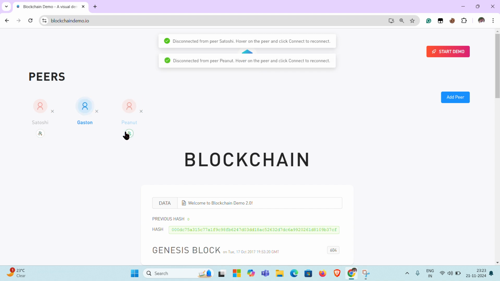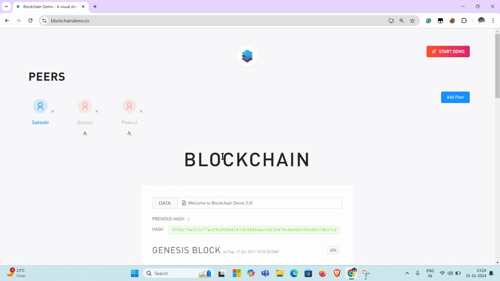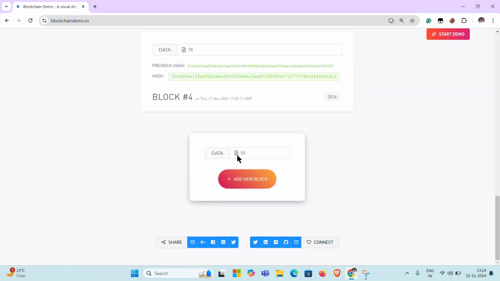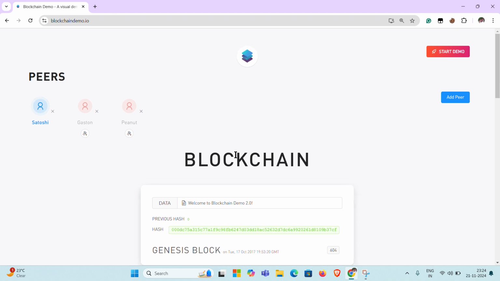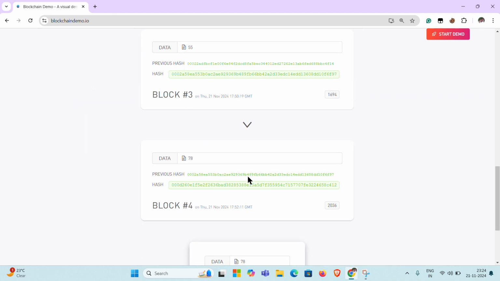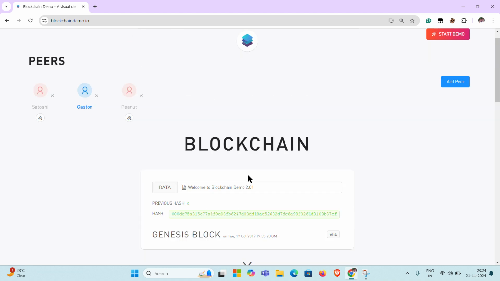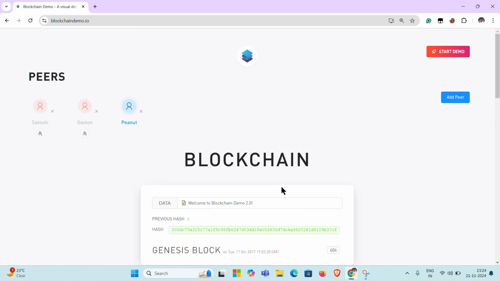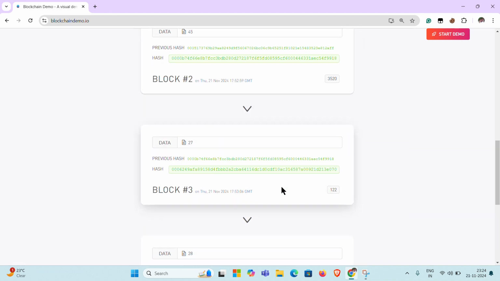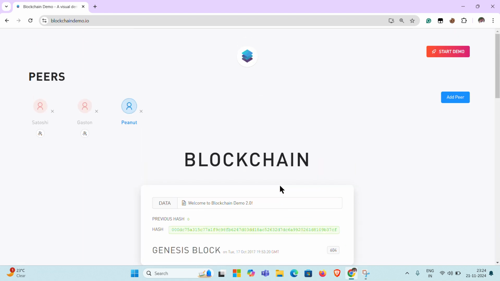Now see for Satoshi, how many blocks are there? In total, 4 blocks. What about the second node? 4 blocks. What about PNet? 4 blocks. Suppose these two are connected.